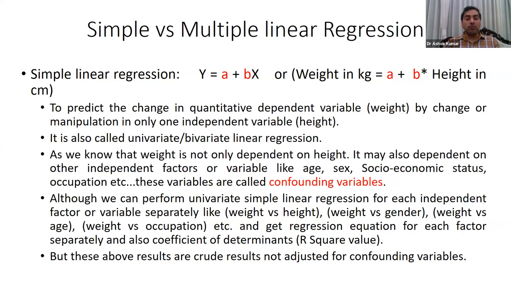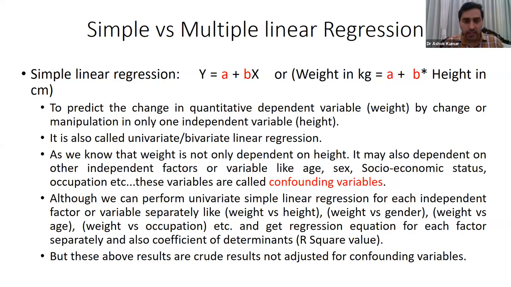But these results are crude results, not adjusted for confounding variables, not filtered. So we cannot conclude how much purely height is affecting weight, because there are other confounding variables and we are not adjusting.